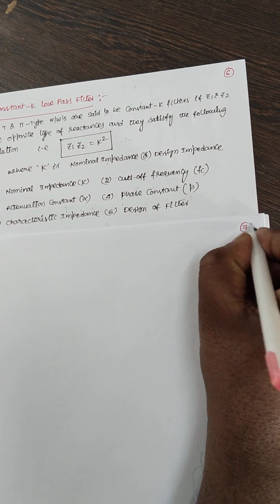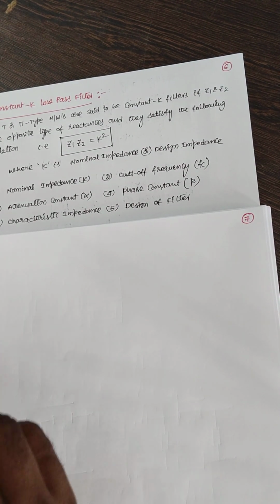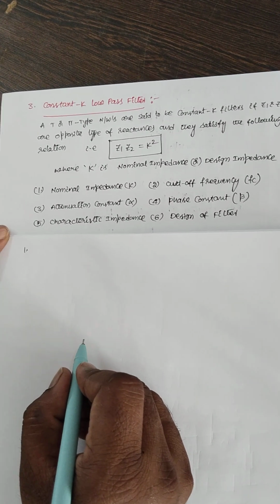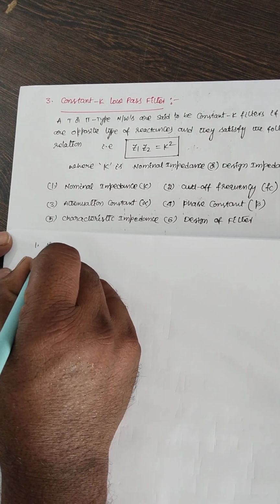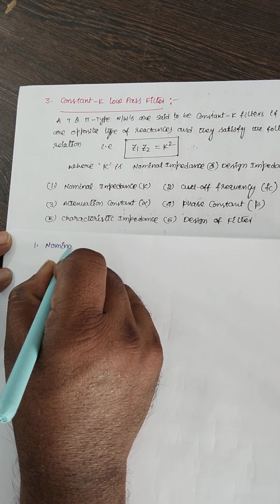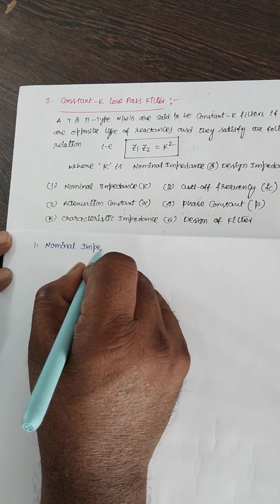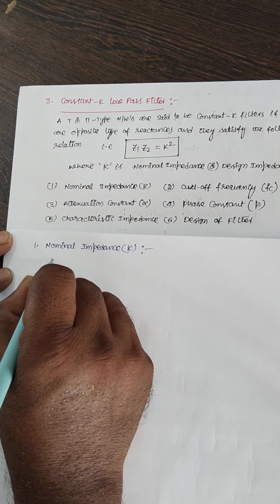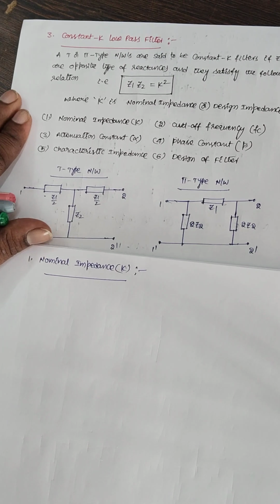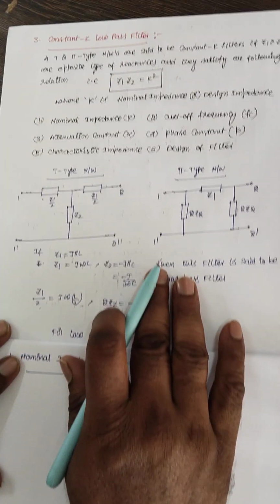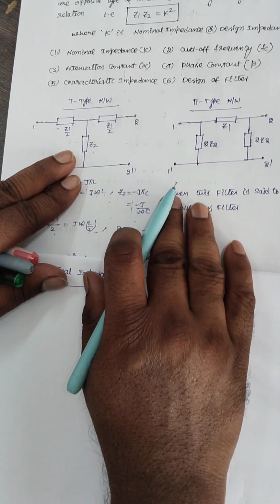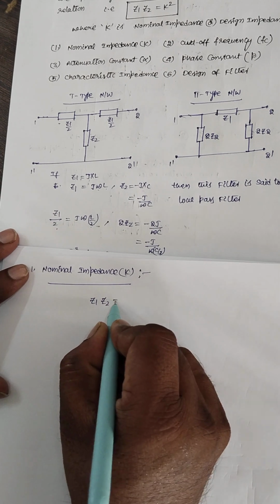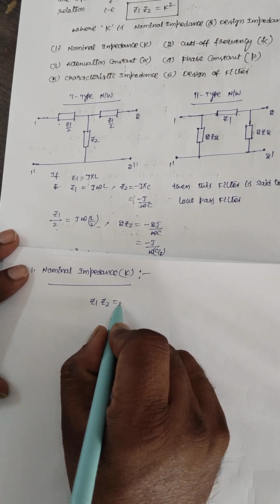So nominal impedance, which is represented with the letter K. We know that this nominal impedance Z1 Z2 is equal to K square. From this expression we will calculate this nominal impedance for any type of network. Z1 Z2 is equal to K square.